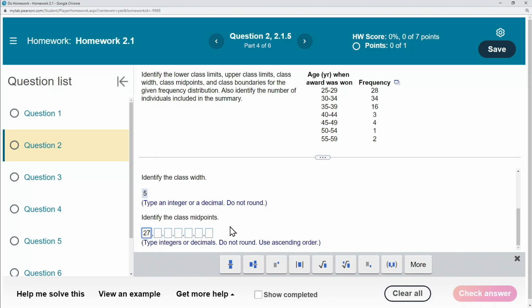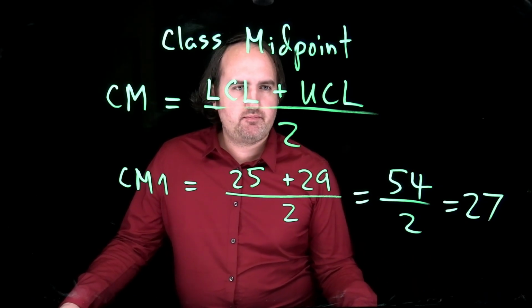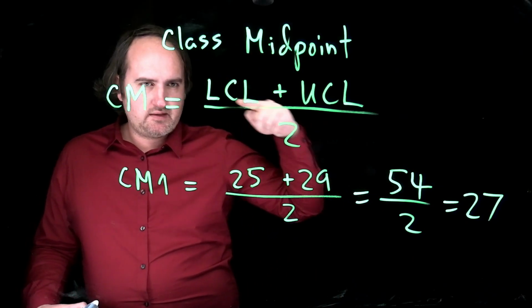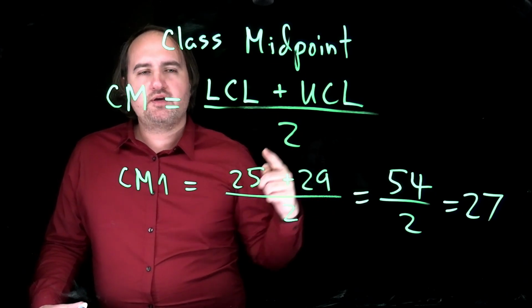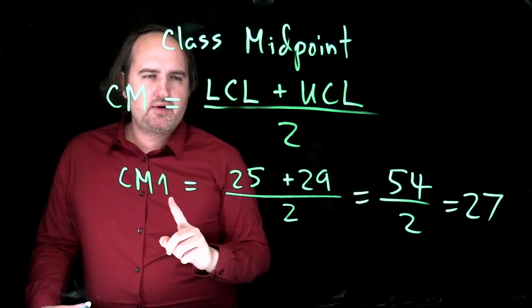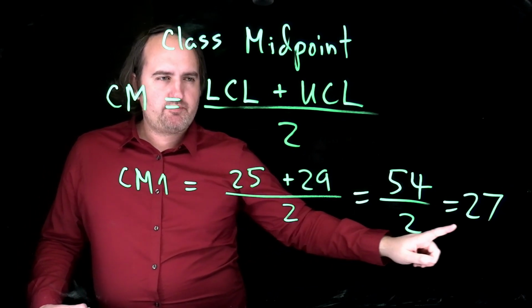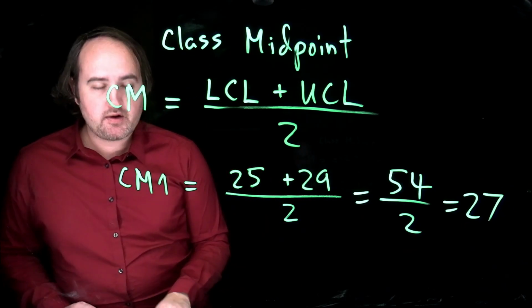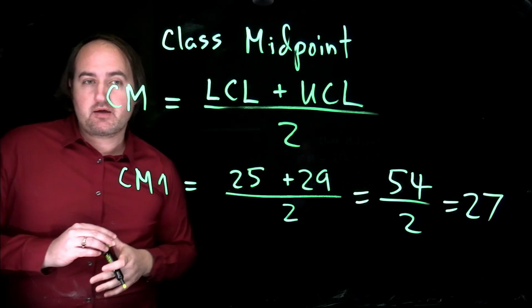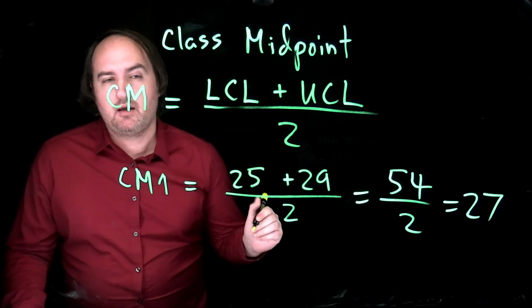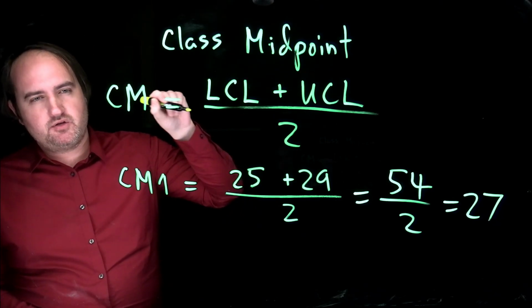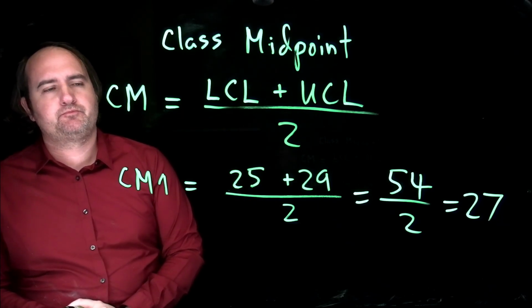But I'll tell you another trick, which is if you don't want to keep using this big formula over and over again, lower class limit plus upper class limit divided by 2, what you can do is once you have class midpoint number 1, you can repeatedly add the class width to find all the other class midpoints, which is nice. It makes it a lot easier than having to use this formula over and over again.